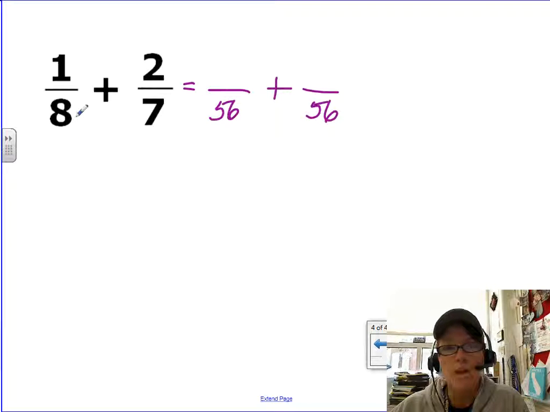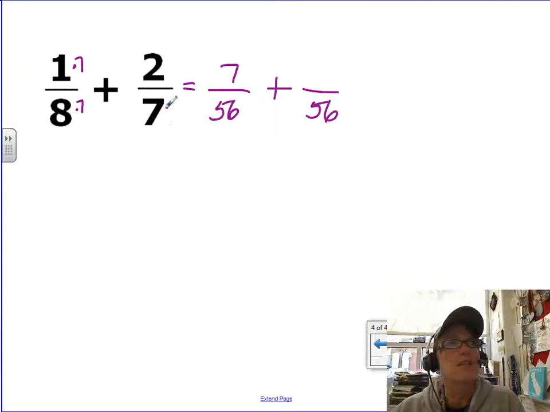All right, so 1/8. When I turn this into its equivalent name in 56ths, this becomes 7/56. 2/7, I have to multiply the top and the bottom by 8. So 8 over 8, which is 1. That gives me 16/56. Okay.